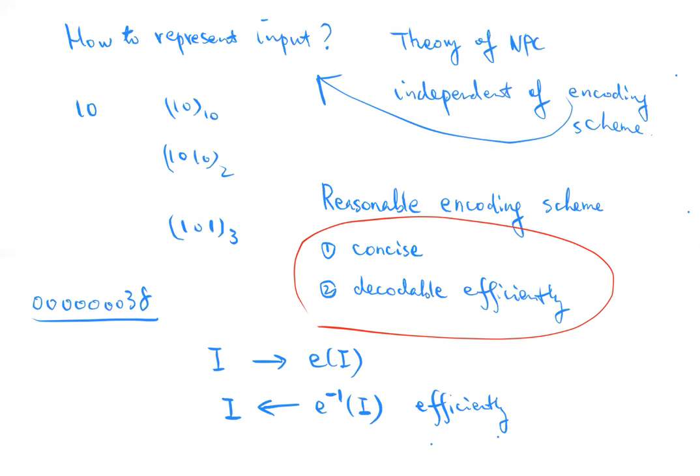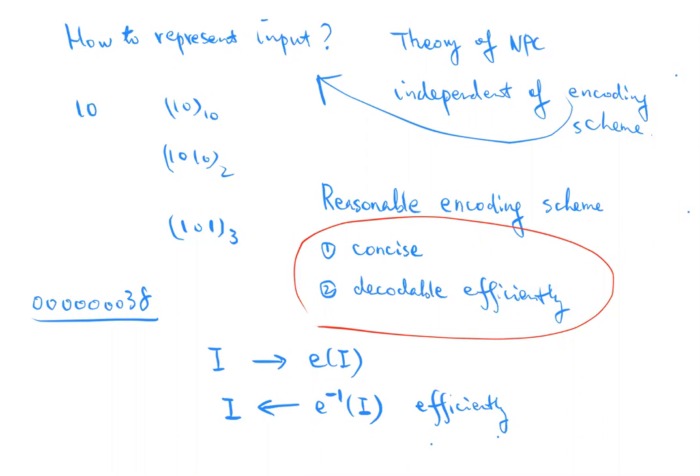Graphs will be represented by a list of vertices and a list of edges, and each vertex will be a number. That number will be encoded in binary or decimal, it does not matter. A set of objects is just a list of n objects, each encoded in a reasonable way. All right. If you do things like that, then the encoding scheme will be reasonable.